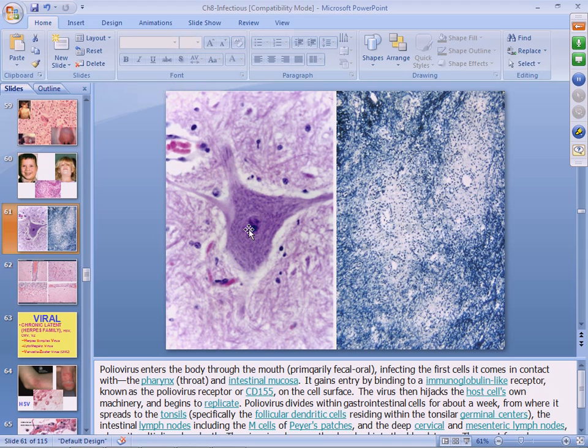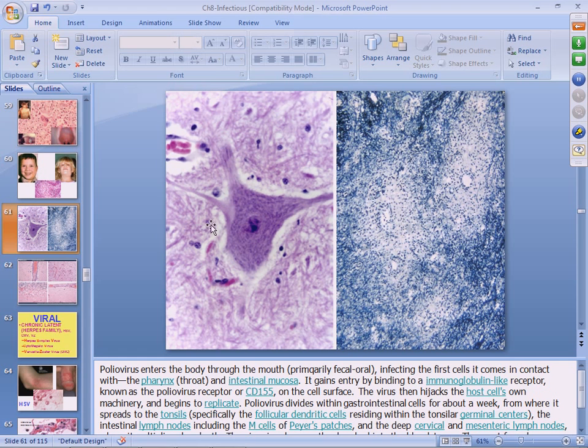Ultimately, it'll get in the bloodstream, and I think you could recognize this as a real neuron, and you see some processes coming out of it, and you could also see some inflammatory cells around it.